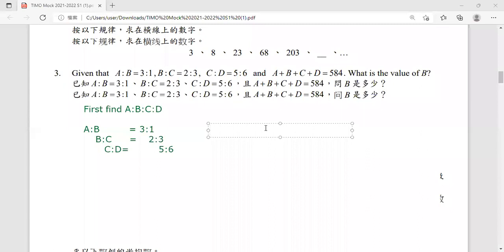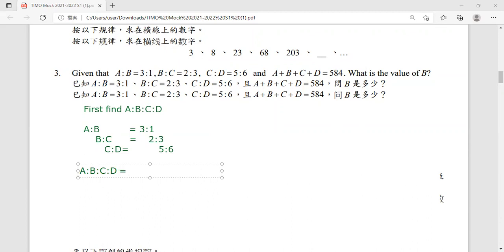Okay, and then it will be what? Maybe I do it very slowly. Okay, the first one will be what?